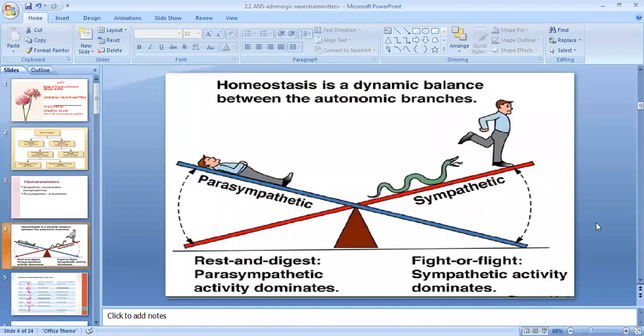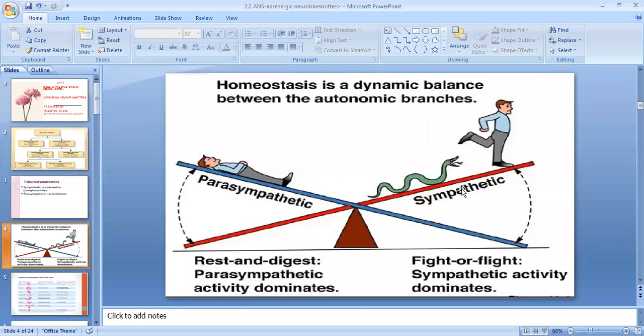Now we have seen this example, but instead of the snake, we talked about the tiger. So there is homeostasis, a dynamic balance between the autonomic branches. Now we know there are two branches of the autonomic nervous system. What are those two branches? The parasympathetic nervous system and the sympathetic nervous system.